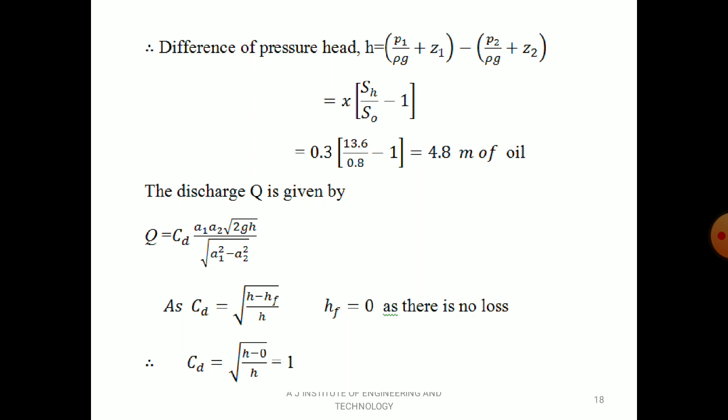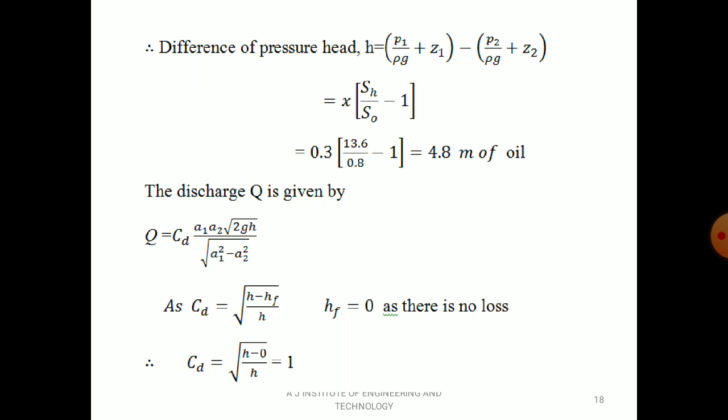The third is related to a vertical venturimeter with the flowing fluid having specific gravity lower than the manometric fluid, and the fourth case is exactly the reverse of the third. So for the difference of pressure head, instead of P1 divided by rho g minus P2 divided by rho g, I used the reverse for one of the problems, like the fourth or fifth problem, I don't remember actually.